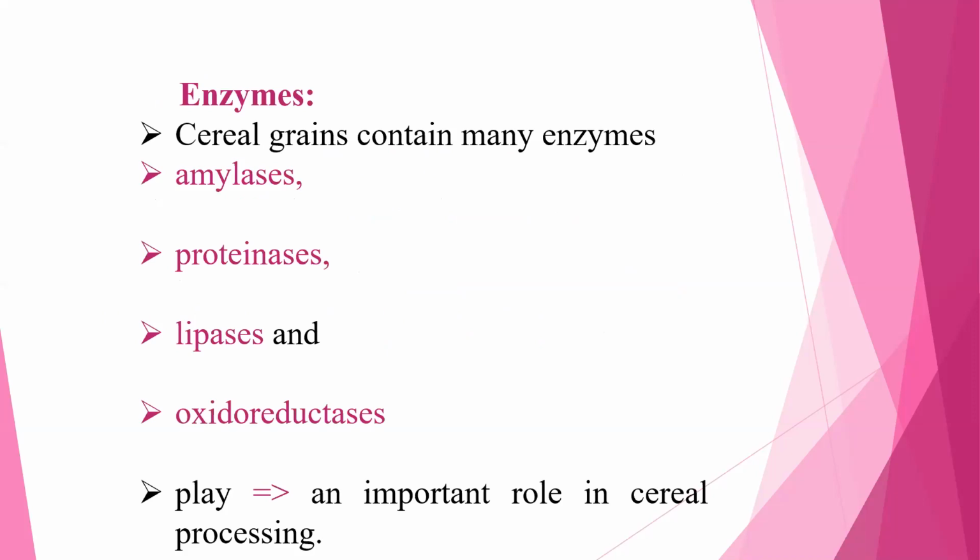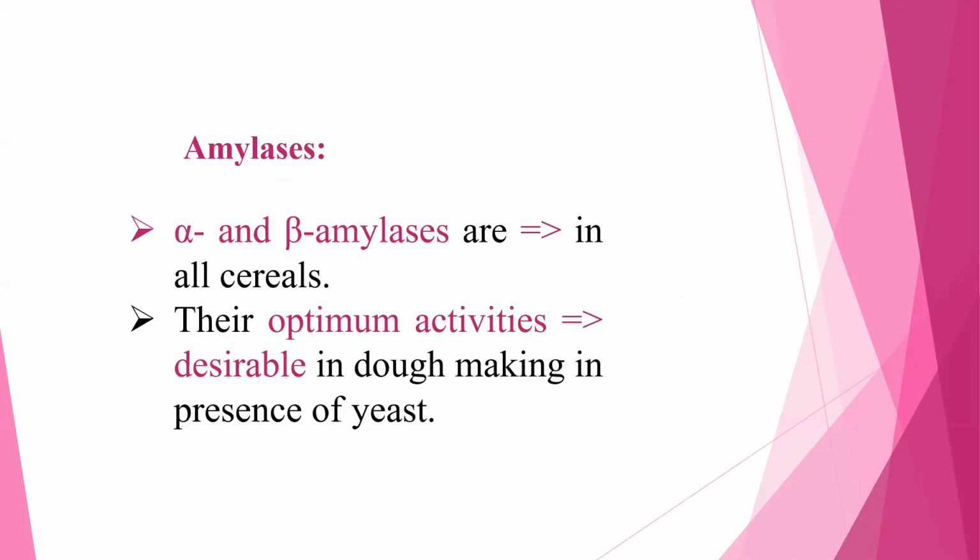Cereal grains also contain a number of enzymes, including amylases, proteinases, lipases, and oxidoreductases. All of them play an important role in cereal during processing. Amylases, specifically alpha and beta amylases, are present in all the cereals, and their optimum activities are desirable in dough making in presence of yeast.